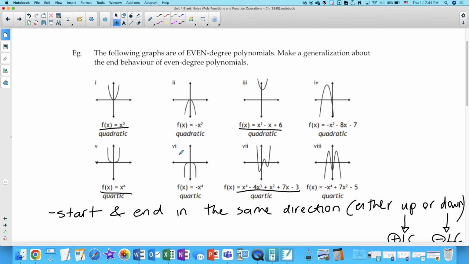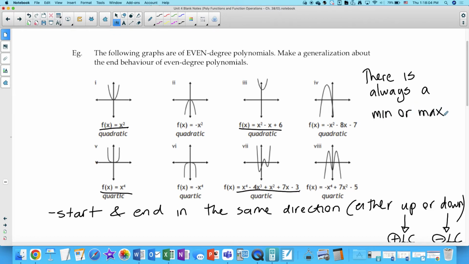So that's another piece that I want to mention: there is always a min or max value.